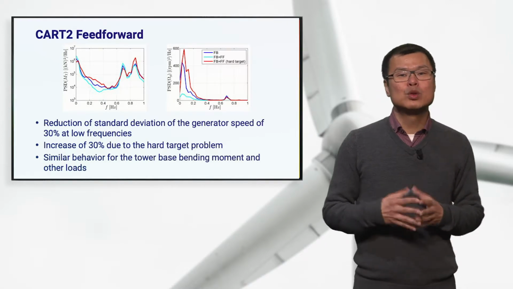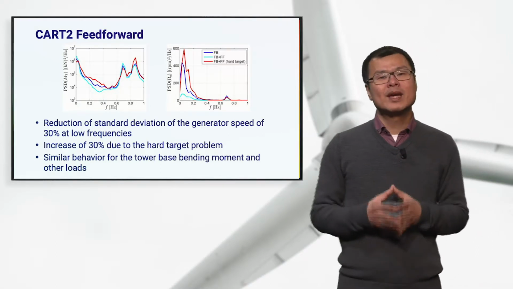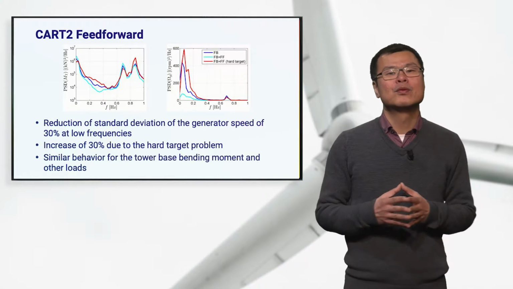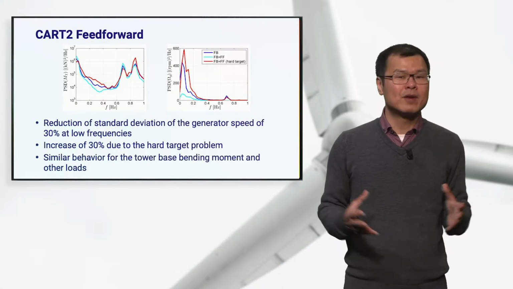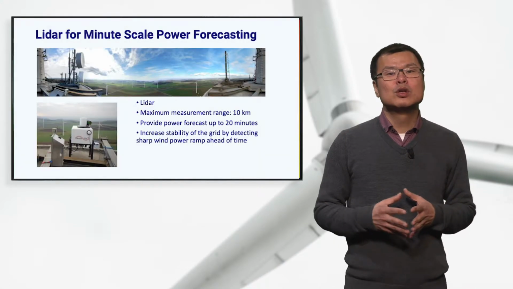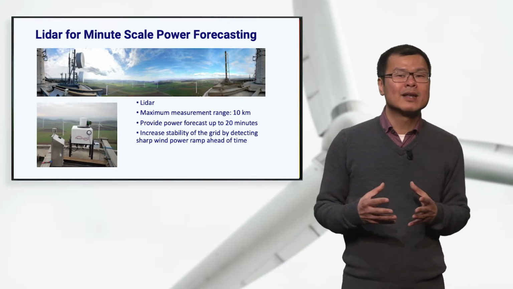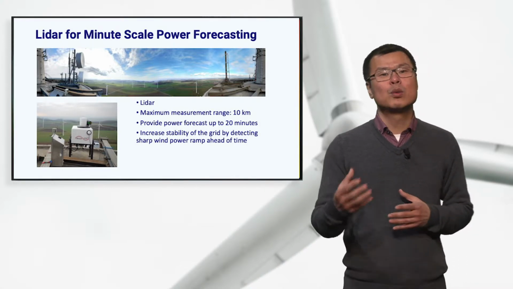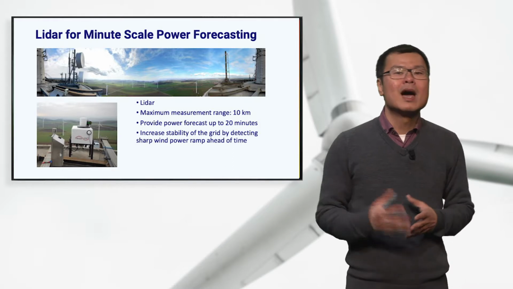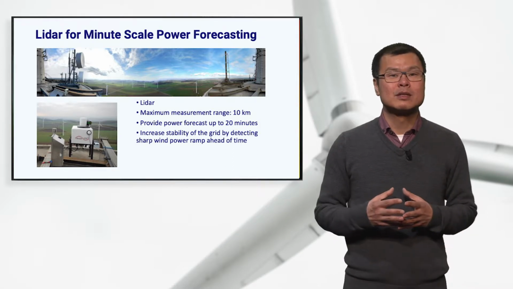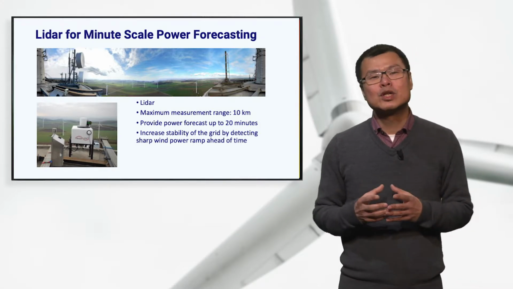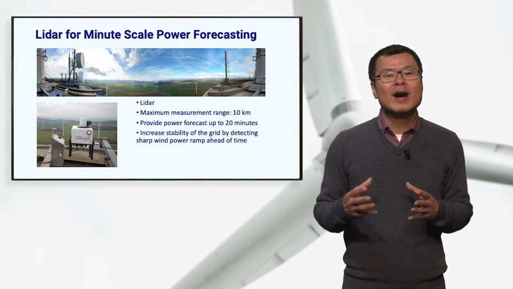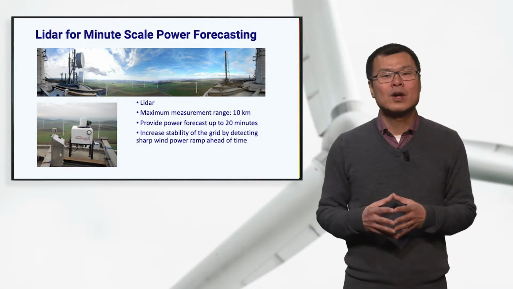What else can we do with the LiDAR? We can use the LiDAR to improve the power forecast of a wind farm. We can use the so-called long-range LiDAR that can look into the wind at distances up to 10 kilometers. We can use the information in the wind field to provide more precise power forecasts.